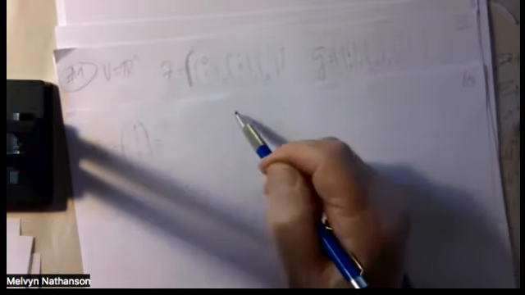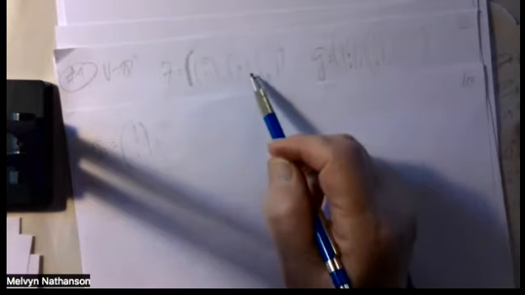So G3, right, these are my bases. G3 is the vector (1, 1, 1). And I want to write that as a linear combination of the F's.